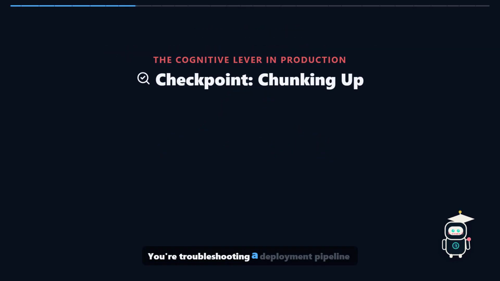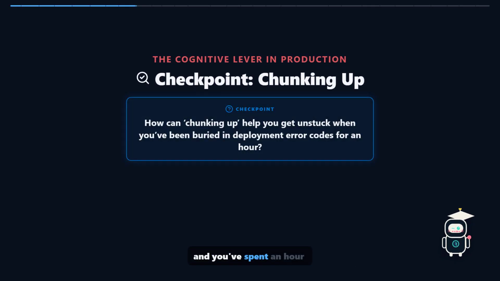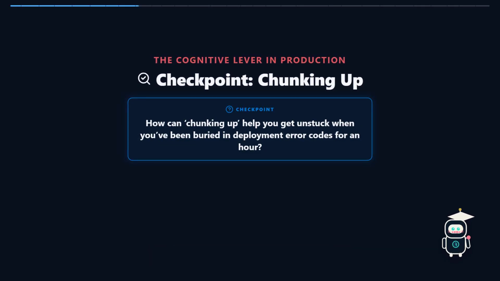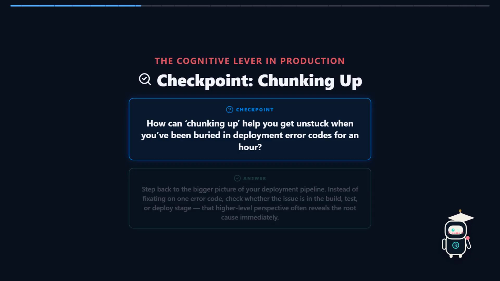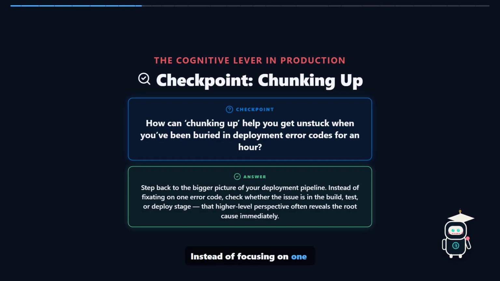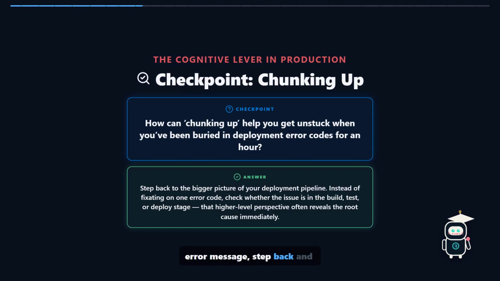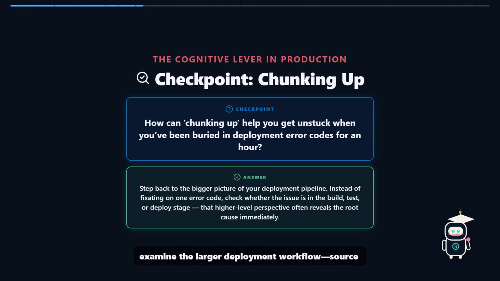You're troubleshooting a deployment pipeline, and you've spent an hour investigating individual error codes without making progress. What's the best next step? Take a moment to think about it. The answer is to chunk up. Instead of focusing on one error message, step back and examine the larger deployment workflow.